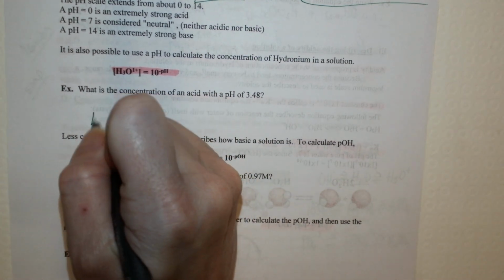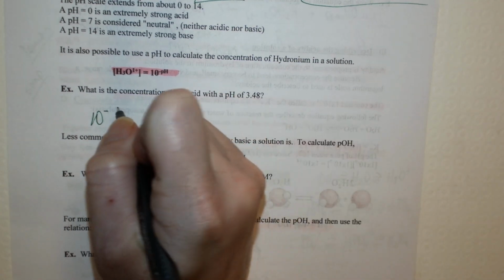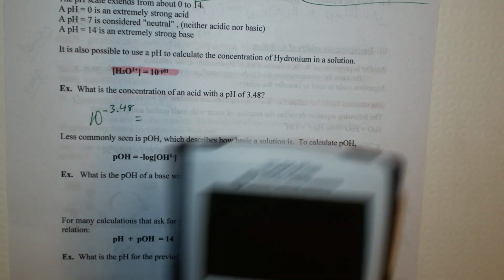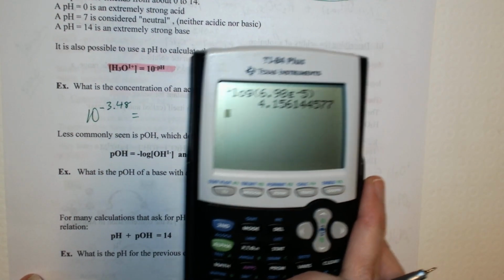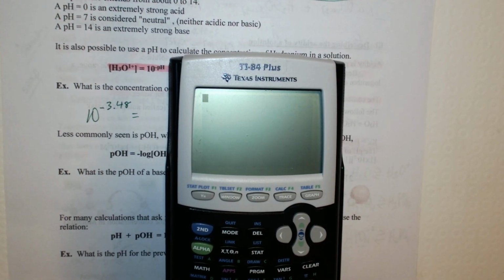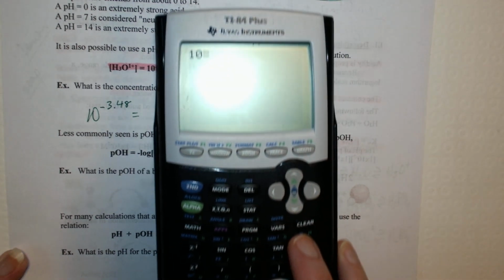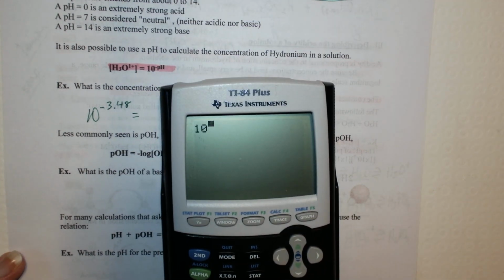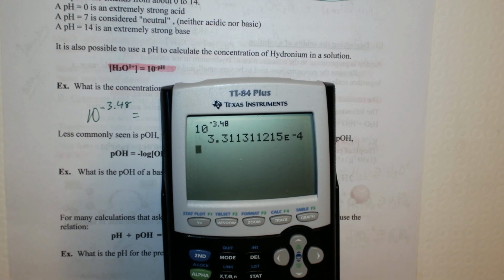We would do 10 to the negative of 3.48. You literally put that in your calculator: 10, using the caret button right below the clear button, negative 3.48, and then hit enter. Okay, so then that's your answer.